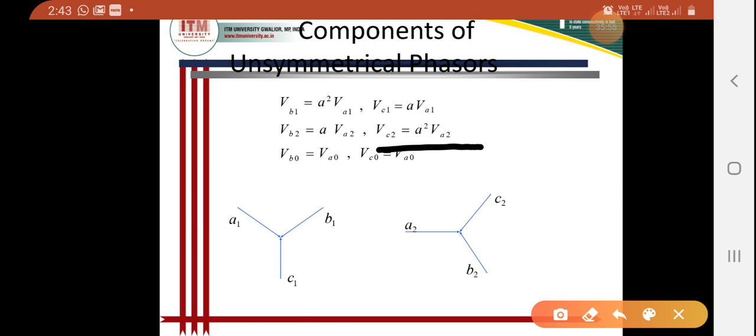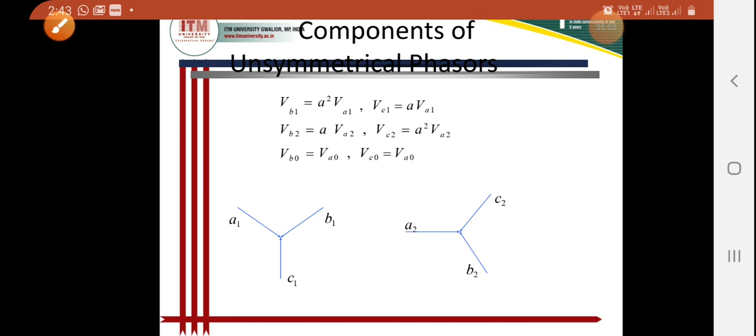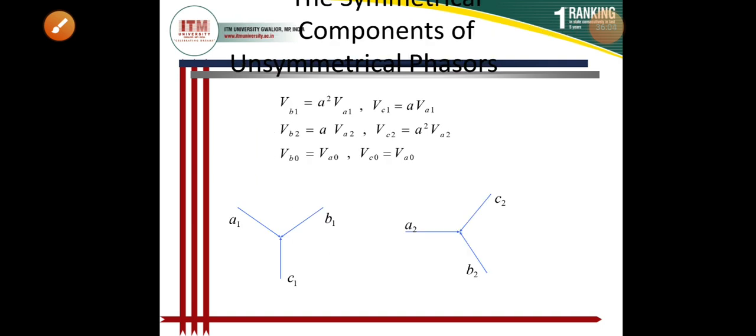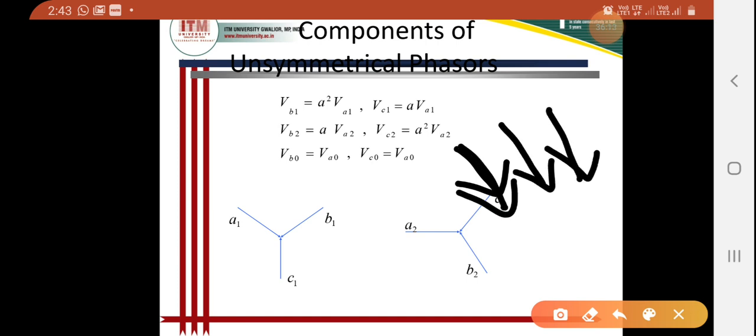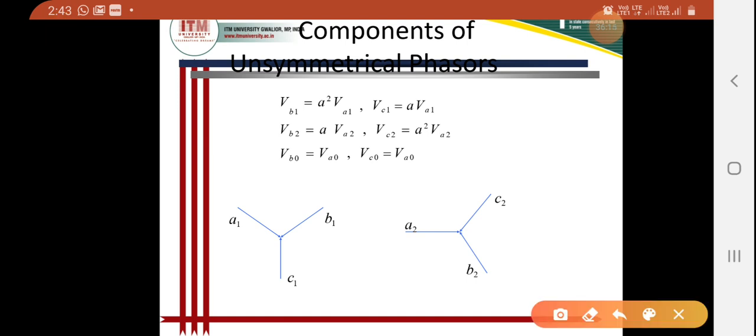Now suppose we are talking about the zero sequence component. Normally the zero sequence component is like unit vectors of equal magnitude, and the phase angle between them is 0.